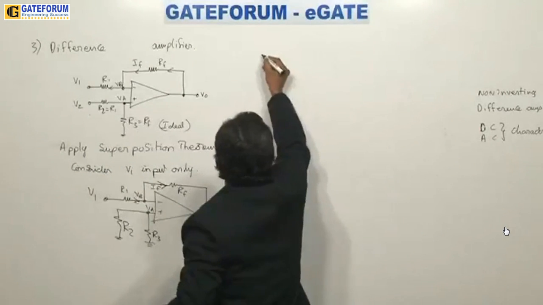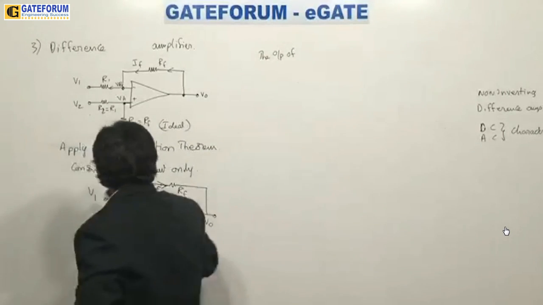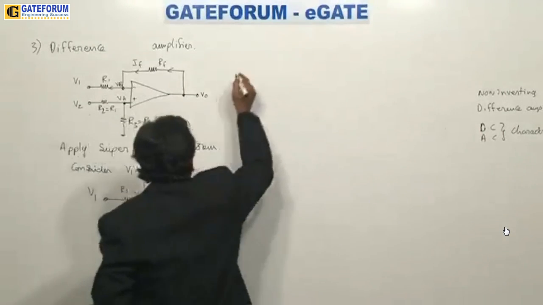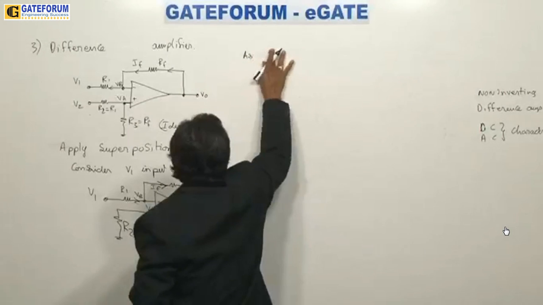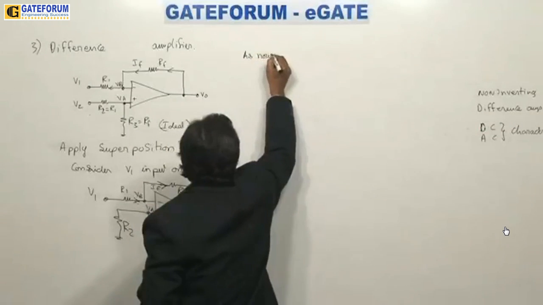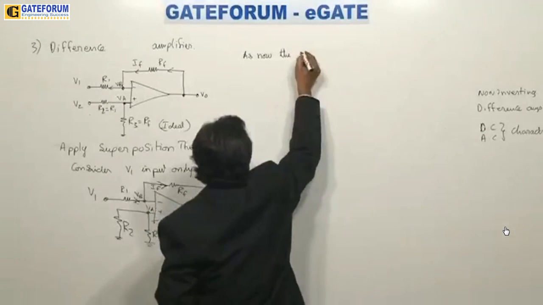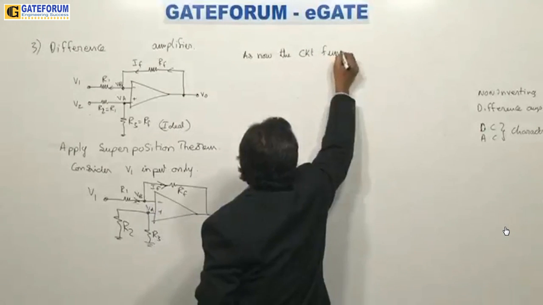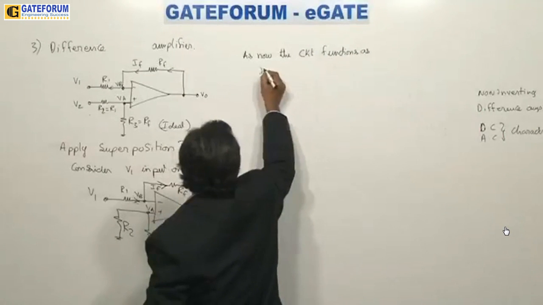Now this circuit will work as an inverting amplifier. So without deriving directly, you can put it here. I'll mention here that the circuit functions as an inverting op amp.